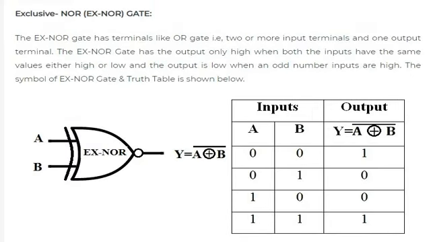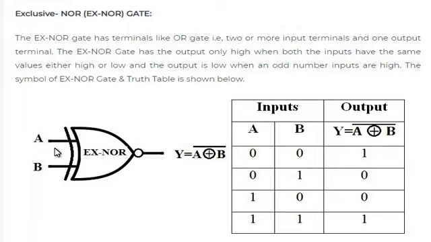And this is the last gate, the exclusive NOR gate. In short we call it XNOR. This is also a complemented output, a combination of XOR plus NOT. You can see the symbol of XOR with a bubble at the output.